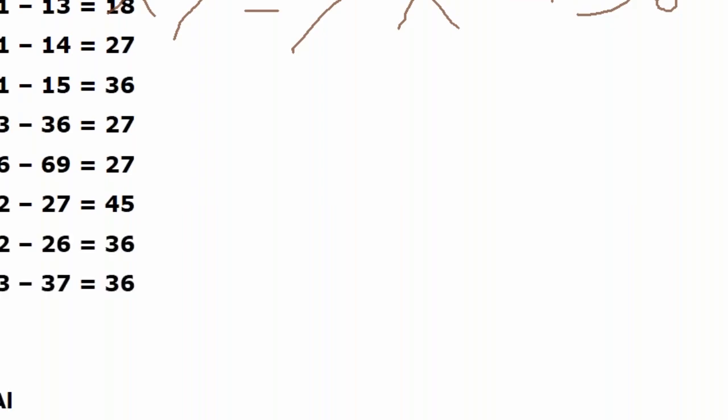Like that, all are numbers of the form xy minus yx only. So we know what exactly is required. If you observe clearly, 21 minus 12 difference is 9, 31 minus 13 difference is 18, then 27, 36, 27, 27, 45.